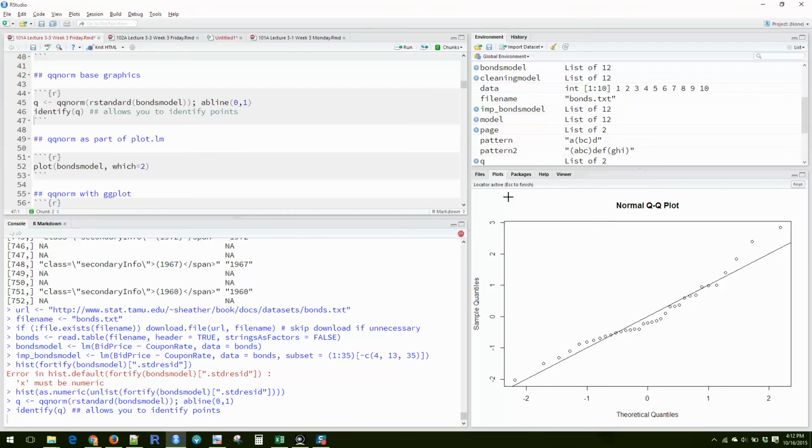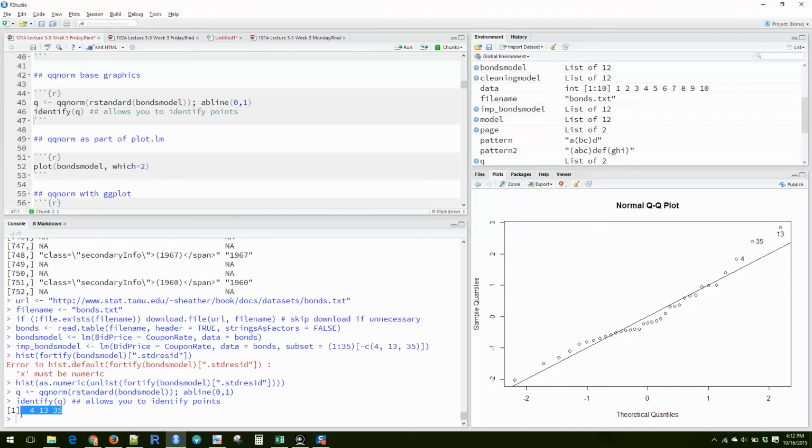So you hit escape on your keyboard, and it says the points you selected were 4, 13, and 35. Sure enough, if we look at our bonds model, the flower bonds were 4, 13, and 35. So it labels these as such.